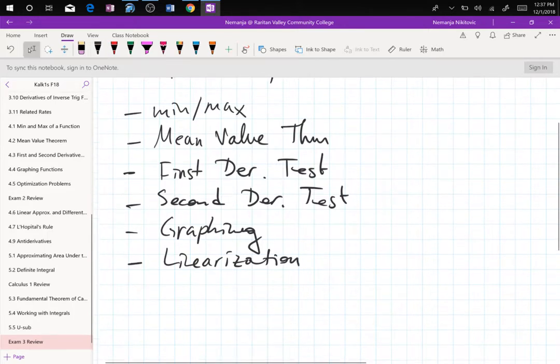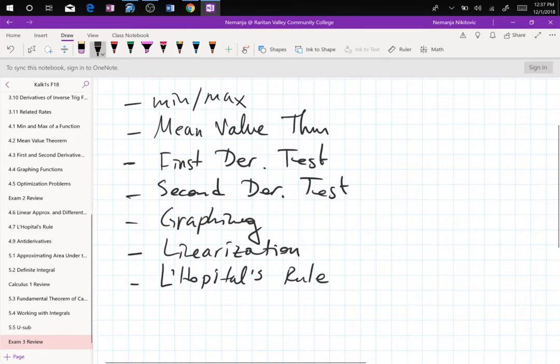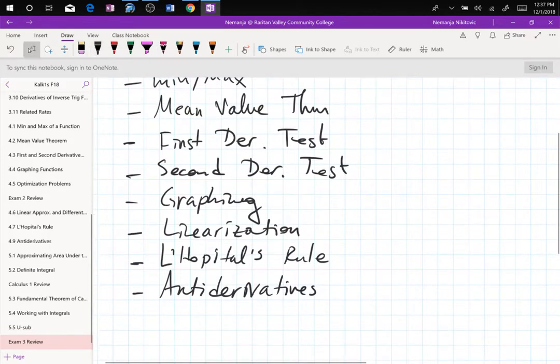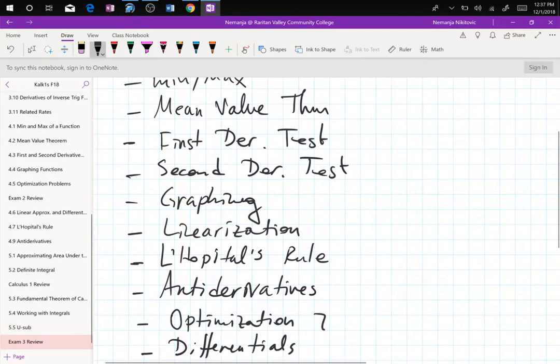Now part of the same lecture were differentials, but I have to split that. L'Hopital's rule, antiderivatives, optimization, and differentials, which are word problems.